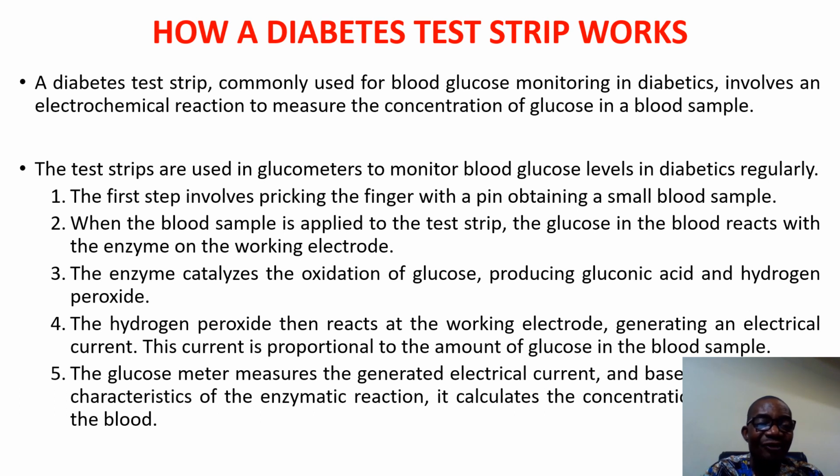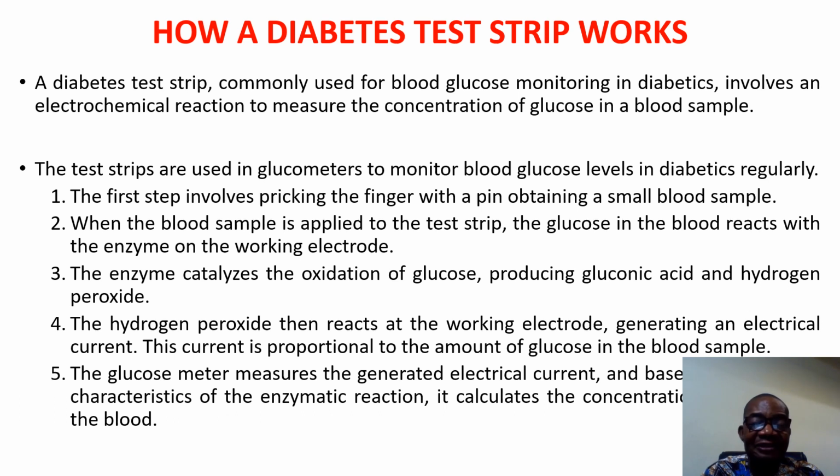Now, the electrical current is proportional to the amount of glucose in the patient, which means that a patient with a very high glucose reading will generate more current than a patient with a very low glucose reading.